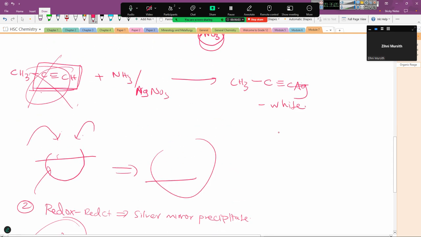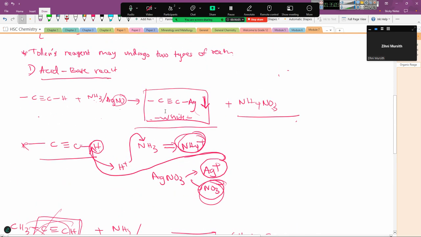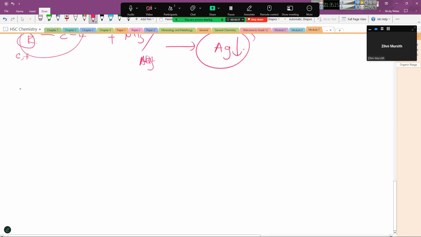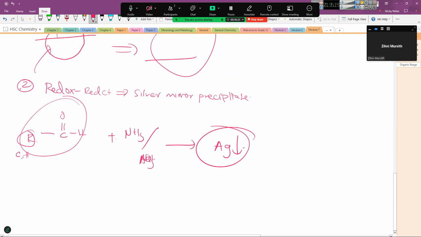Here the product is different: Ag itself will precipitate if you have an aldehyde compound, any aldehyde. Then the byproduct will be C double bond O with O minus and NH4 plus.